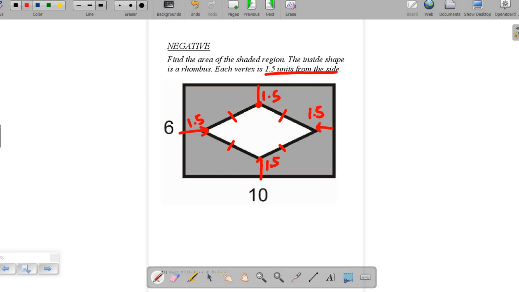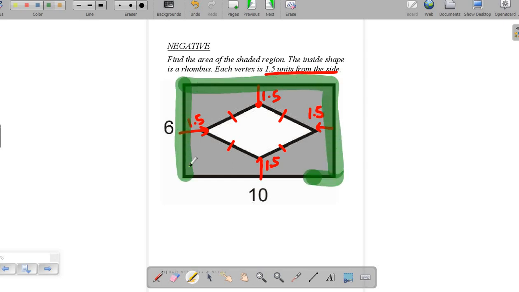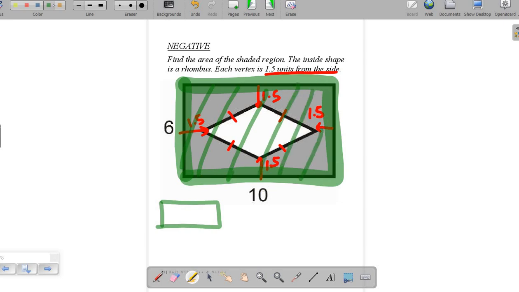Okay, to get this shaded region, we are going to have to use what we call negative space. We're going to find the area of this entire rectangle. And then you subtract the area of the negative space, which is going to be the rhombus.